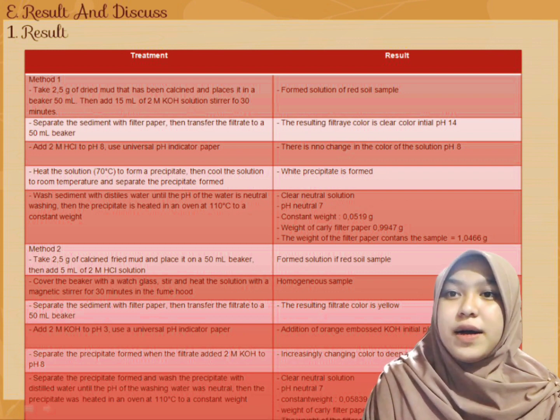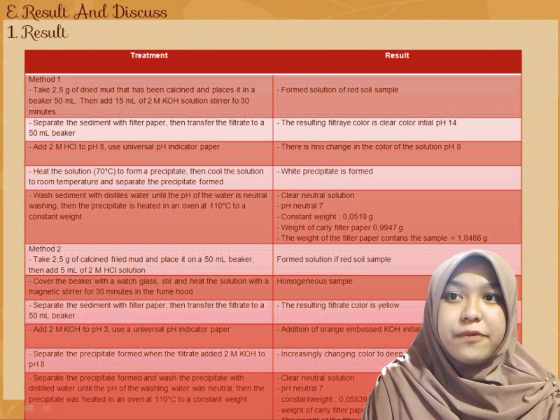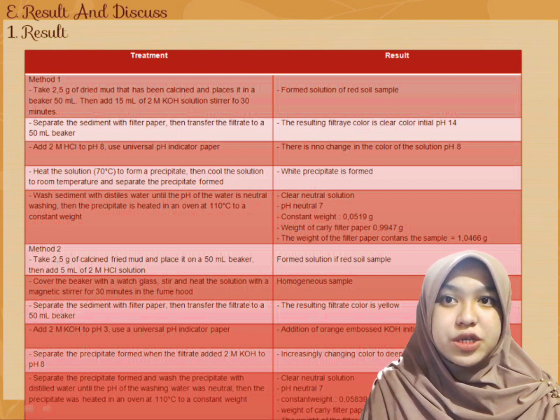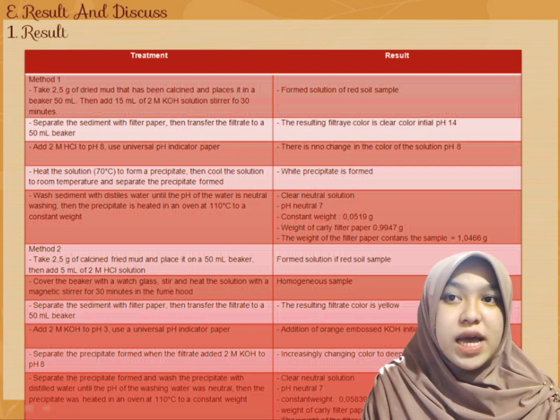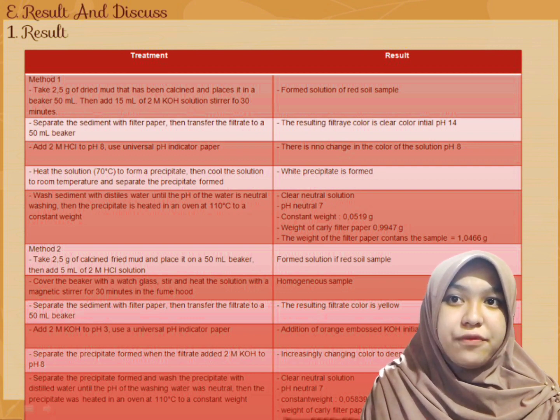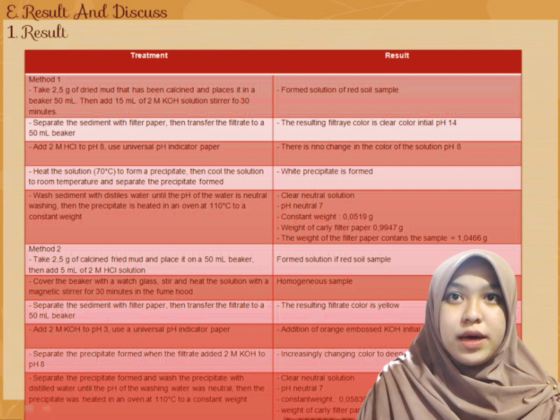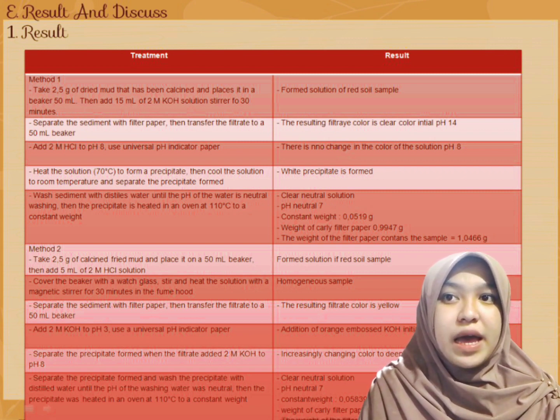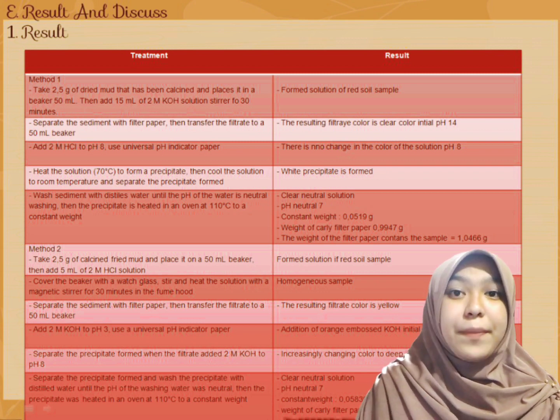And cover the beaker glass with a watch glass, stir and heat the solution with a magnetic stirrer for 30 minutes in the fume hood. Result: a homogeneous sample. And separate the sediment with filter paper.